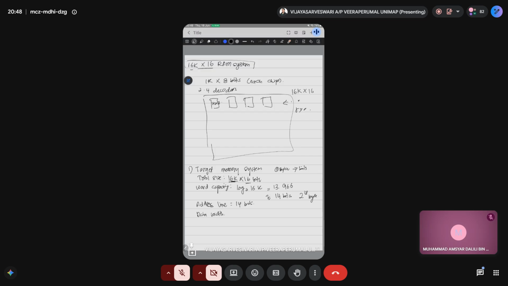Then we have the data width. You remember previously we had the A and the D inside our chip. For the target, A is the address line, 14 bits, A13 to A0. The data width will be our D, 16 bits.